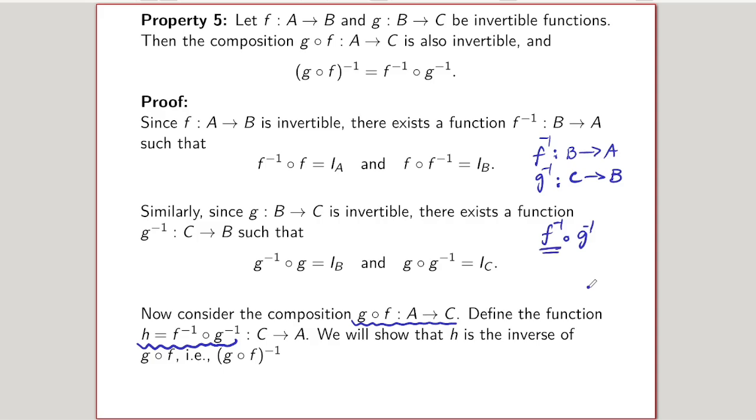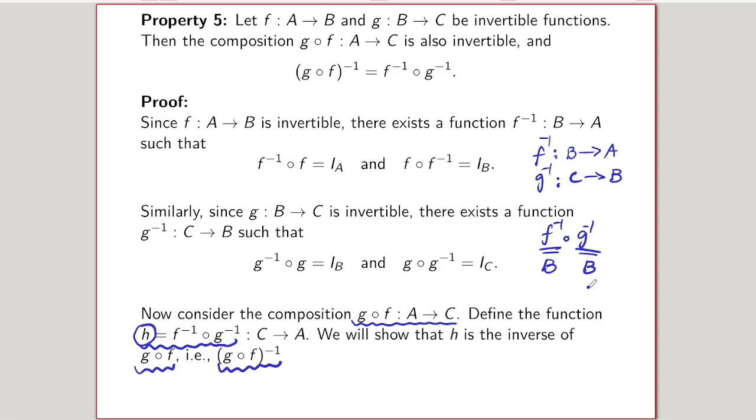Here the domain of f inverse and the codomain of g inverse are equal. Now I am going to show that this H is the required inverse of the map g composition f, that is, (g composition f) inverse.